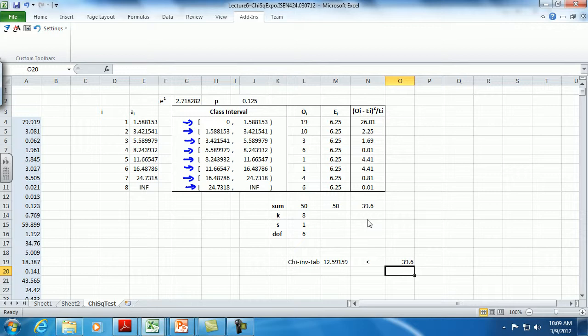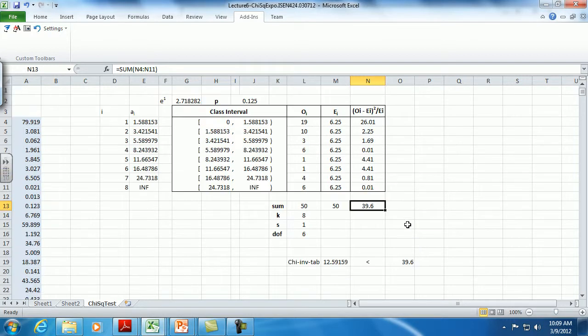You look for the observed number of observations and also for the expected number of observations for each class interval. Using that information, you can compute the observed chi-square, which in this case is 39.6.